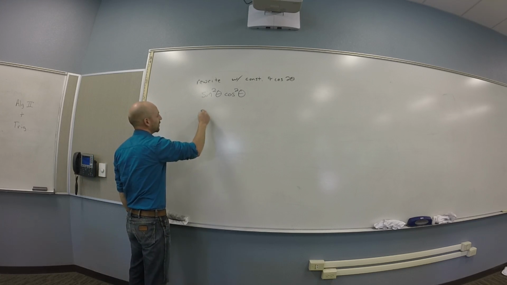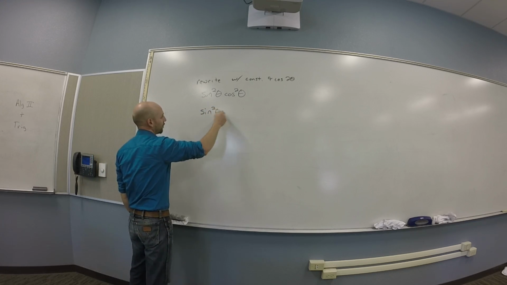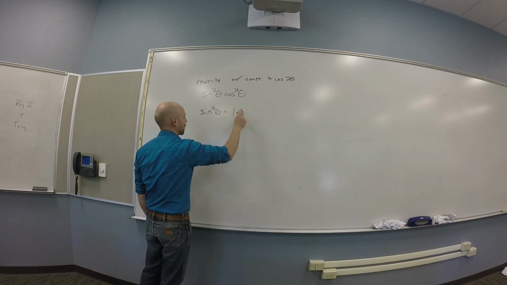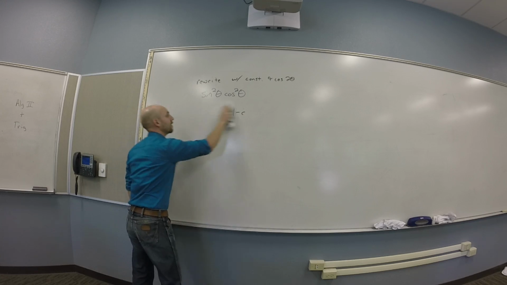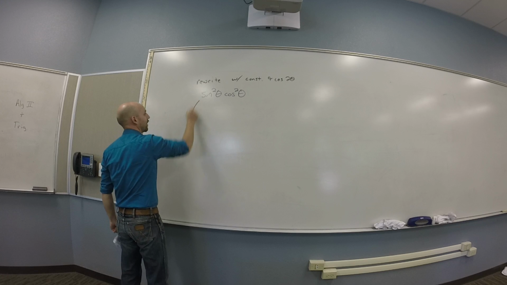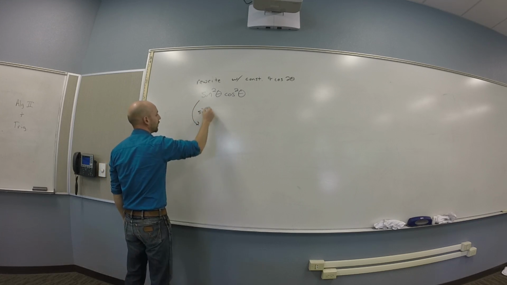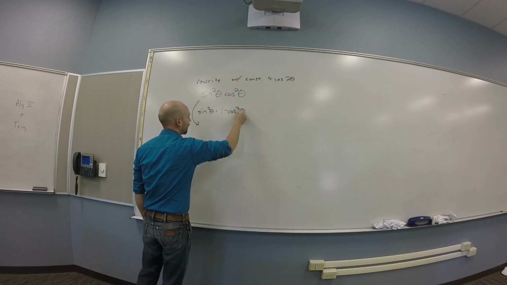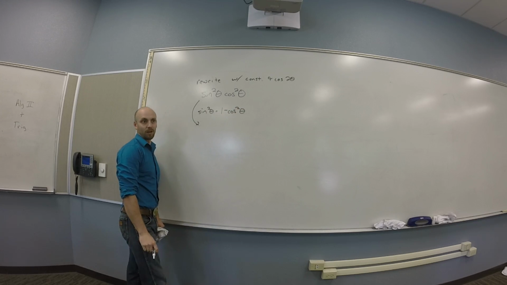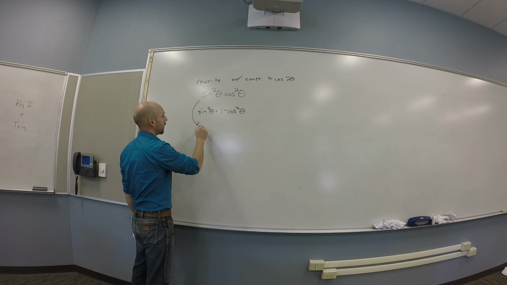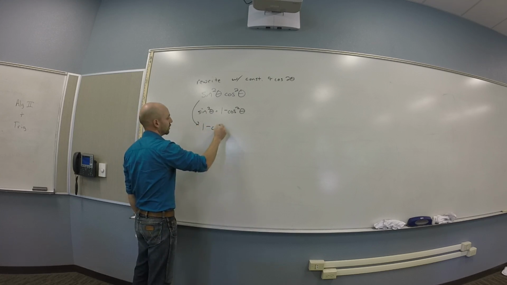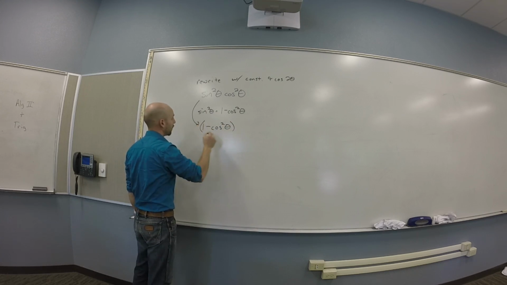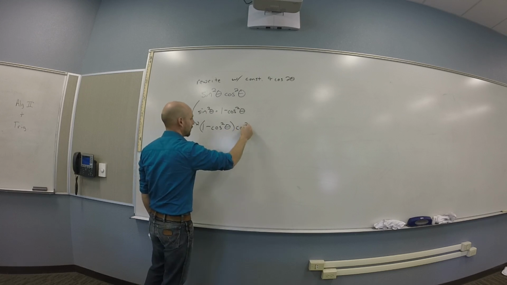So we want to notice that sine squared of theta is 1 minus cosine squared of theta, right? Pythagorean identity. So then I get 1 minus cosine squared theta times cosine squared theta.